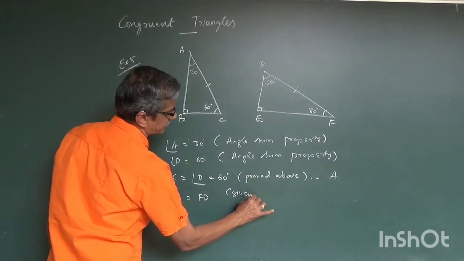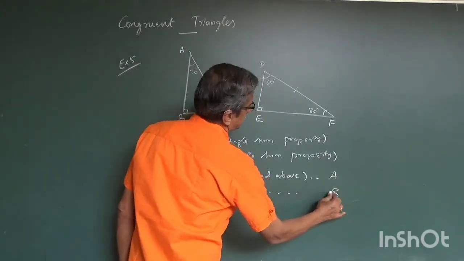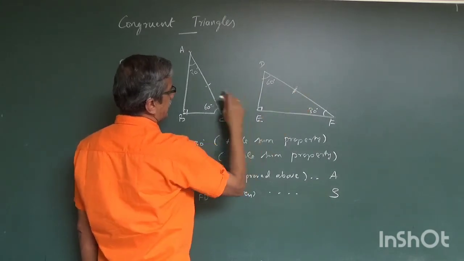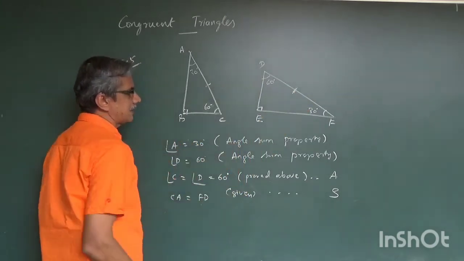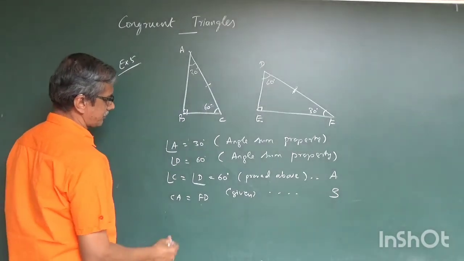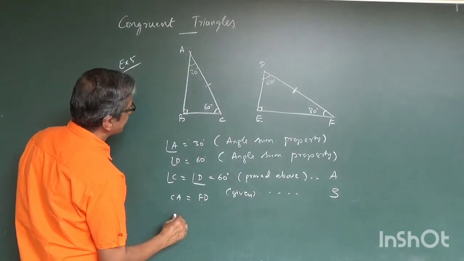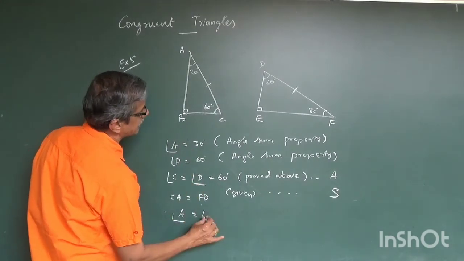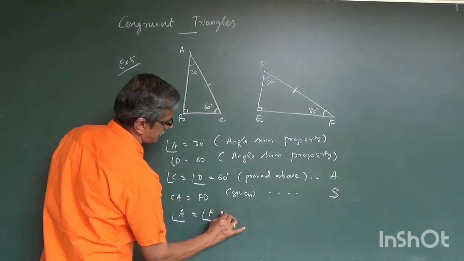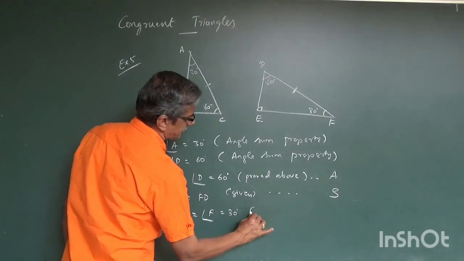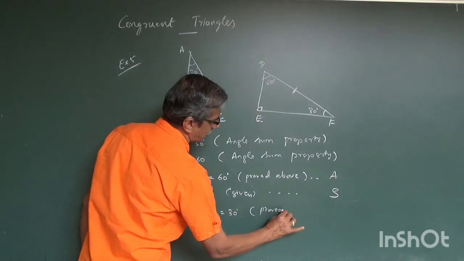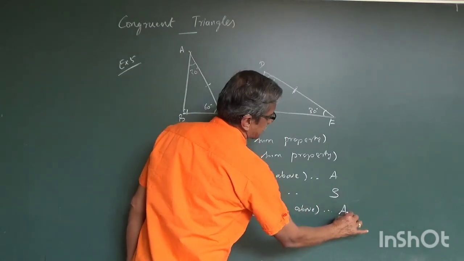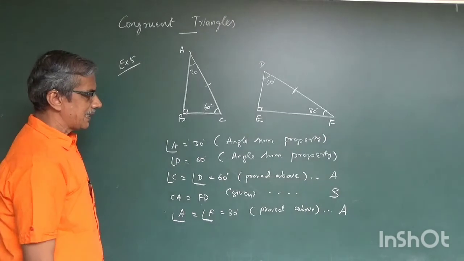This is given. This line means they are equal. When I draw a line like this, cutting this thing, it means they are equal. So this is side, and then angle A is equal to angle F is equal to 30 degree. This is also proved above. So this is angle, side, angle.